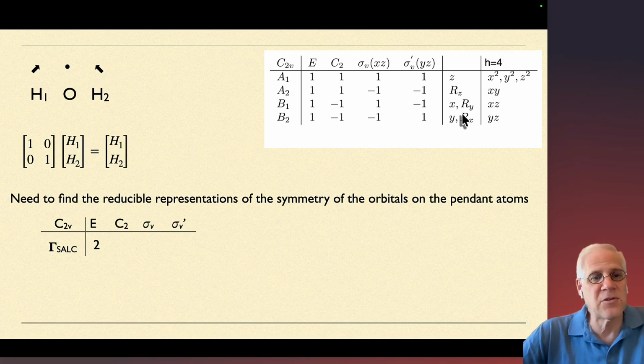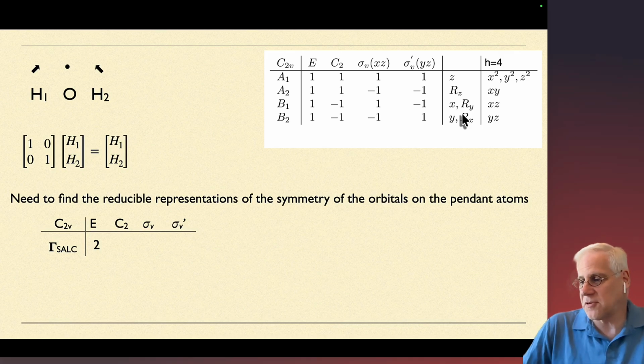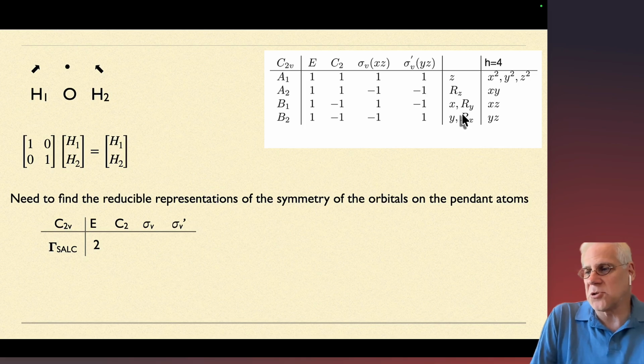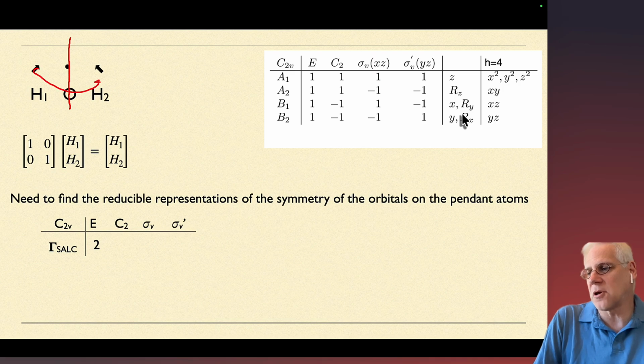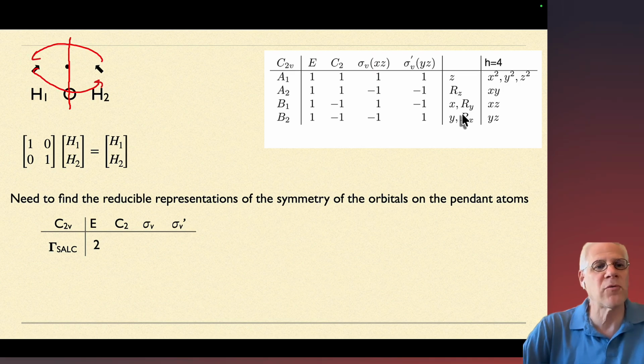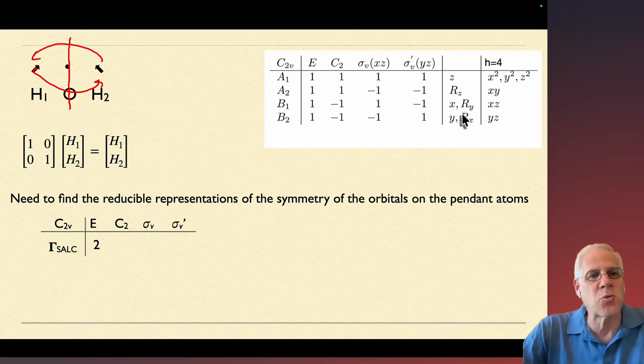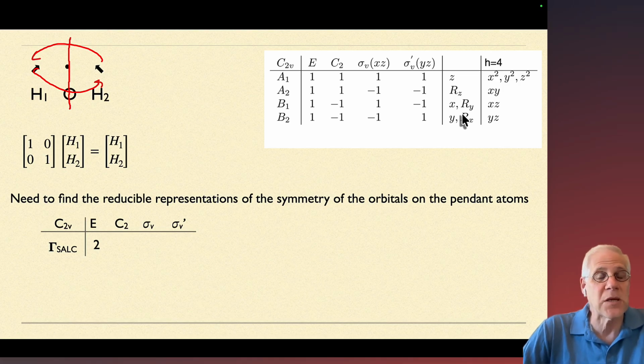Okay, so let's look at the C2 operation. What's going to happen with the C2 operation? Well, for the C2, I'm going to rotate this molecule around that axis. And so the H1 is going to come over here, and the H2 would come over here. And so neither the H1 nor the H2 have maintained their position, so I have different vectors in the same locations. So that has a trace of 0.